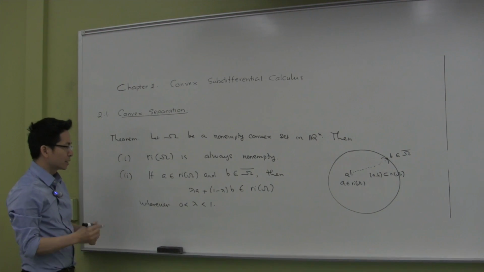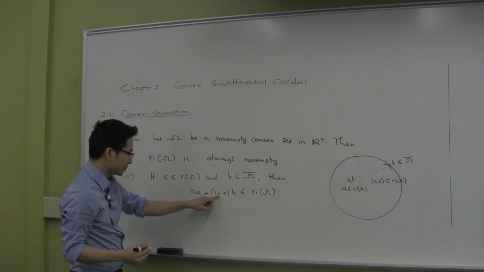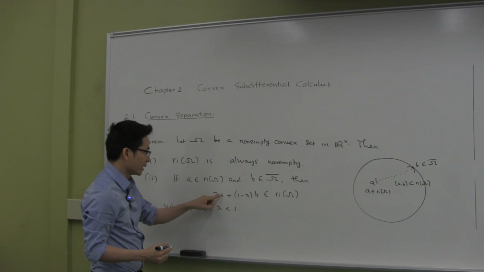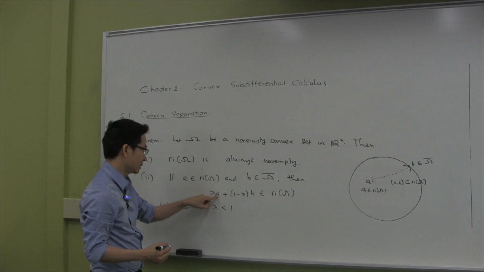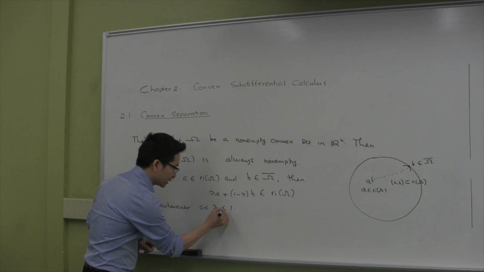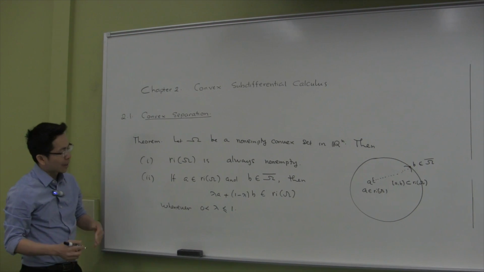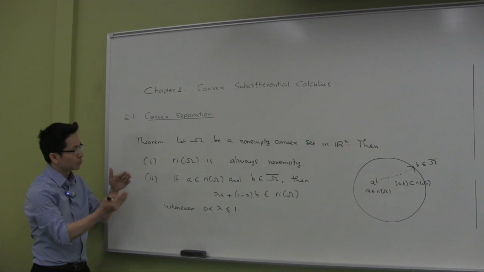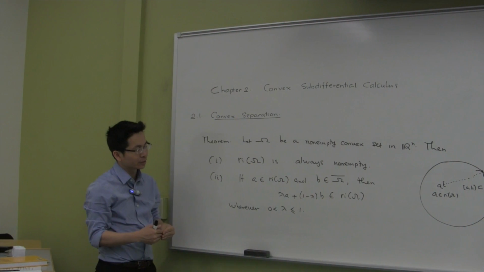And note that in the case where lambda is equal to 1, lambda A plus 1 minus lambda B is equal to A. And note that A is in the relative interior of omega, so then over here we can include 1. Okay, so I'm not gonna prove these properties. We can find the detailed proof in the textbook.